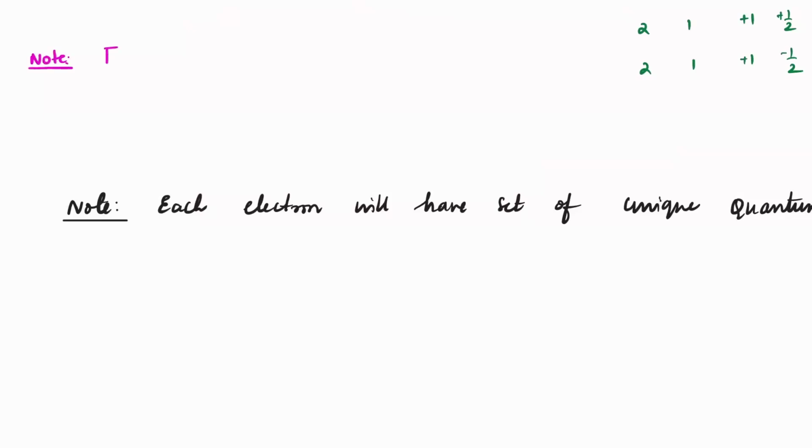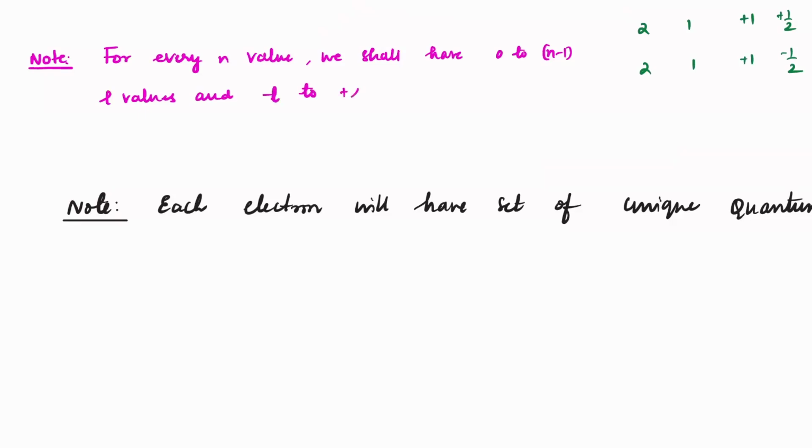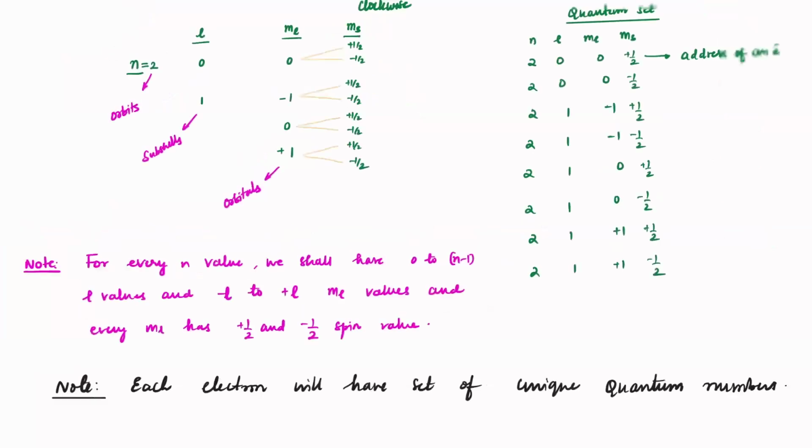For every n value, we shall have 0 to n minus 1 as l values, and minus l to plus l as ml values, and every ml has plus half and minus half spin values. That is what you need to understand. So please check this out quickly.